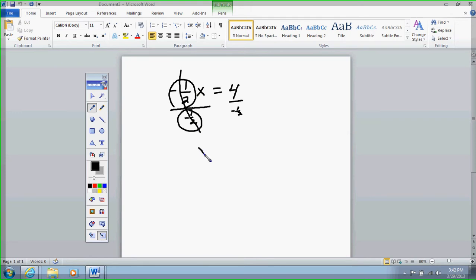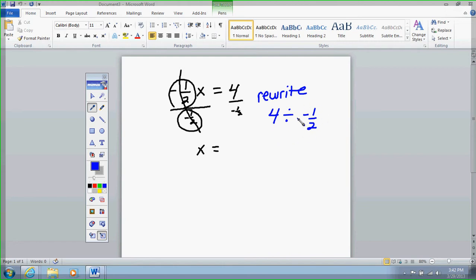So what's left on the left-hand side of the equal sign is x. But this is confusing. 4 divided by negative 1/2 or 4 over negative 1/2. Whenever you do division like this, rewrite it and make it look like this: 4 divided by negative 1/2. Then just use your calculator.